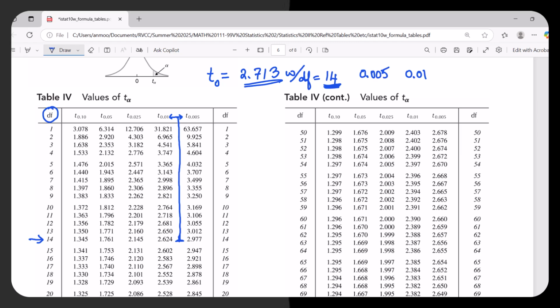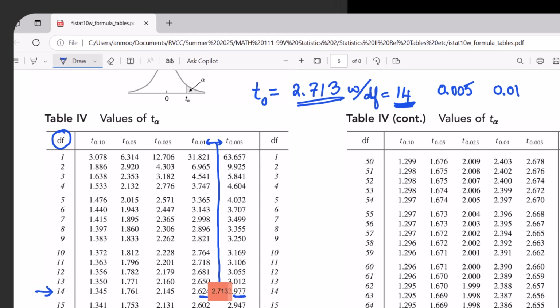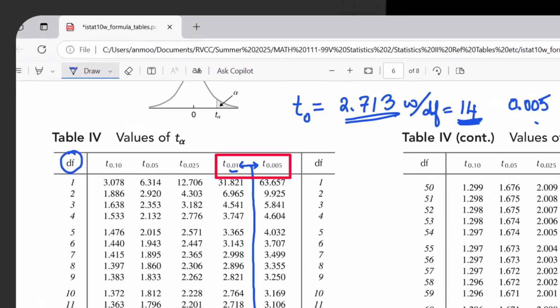All right. And because 2.713 is between these two t-values, 2.624 and 2.977, the corresponding alpha value, which is also the p-value, is going to be something between these two alpha values of 0.005 and 0.01.